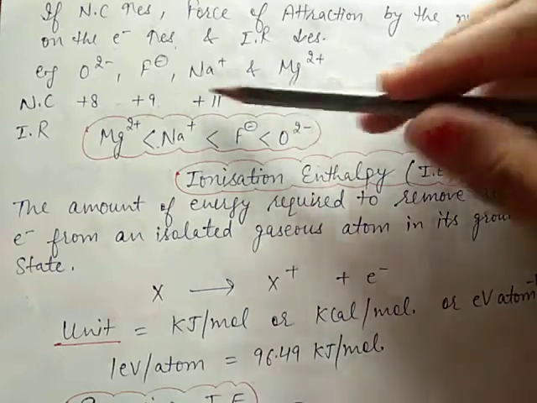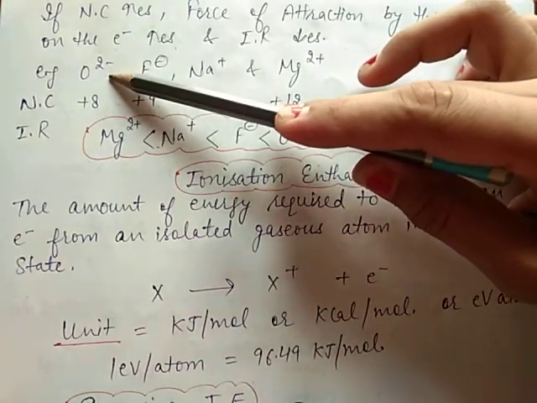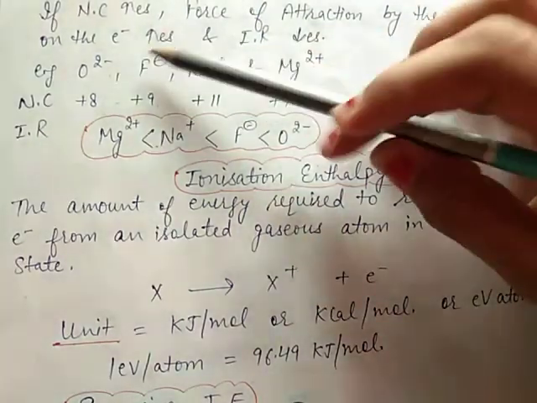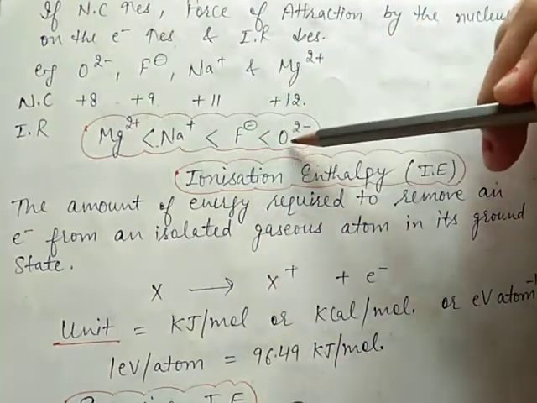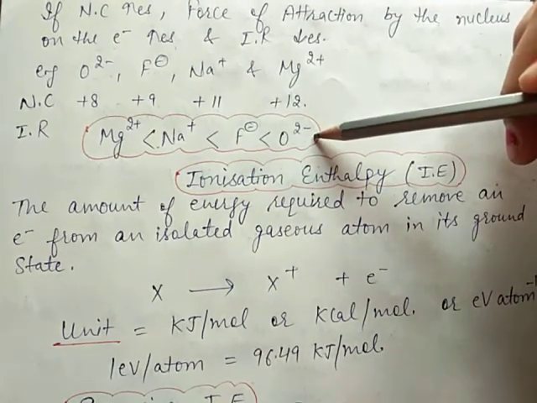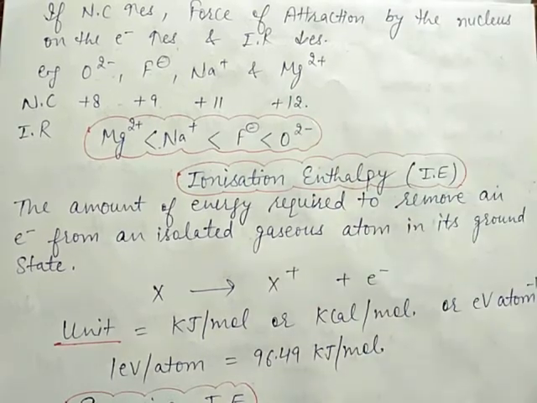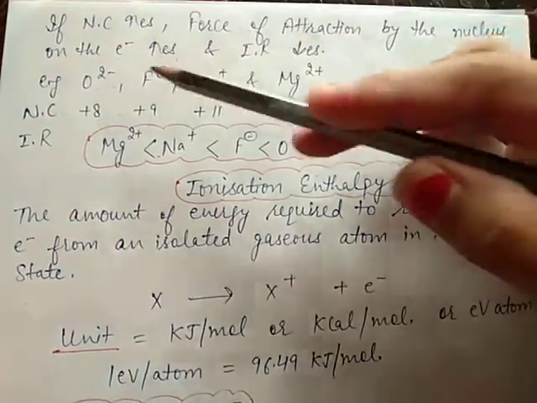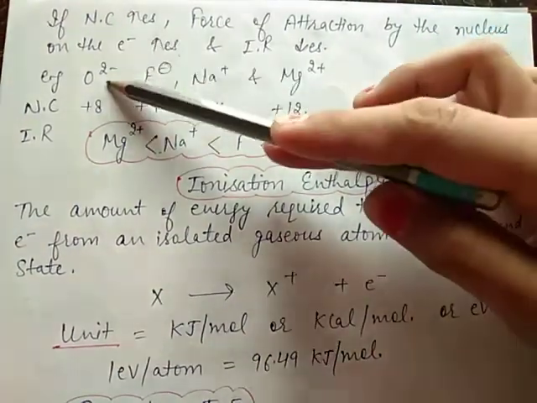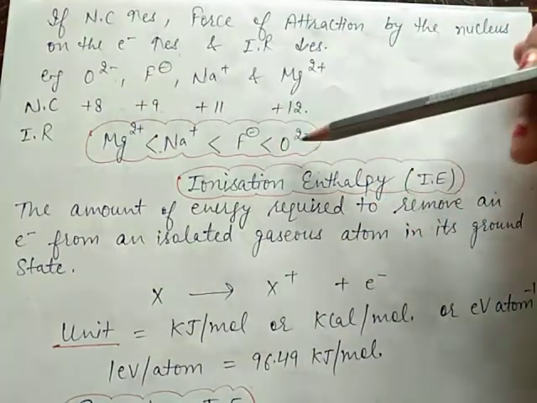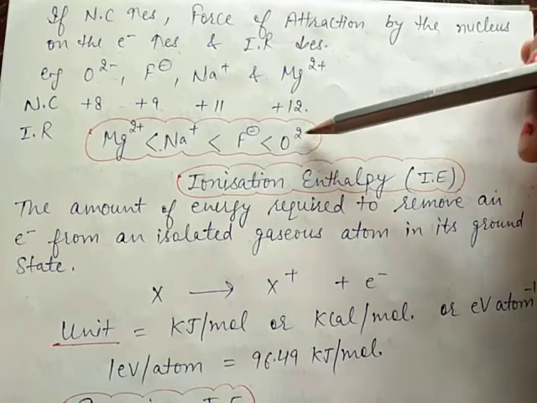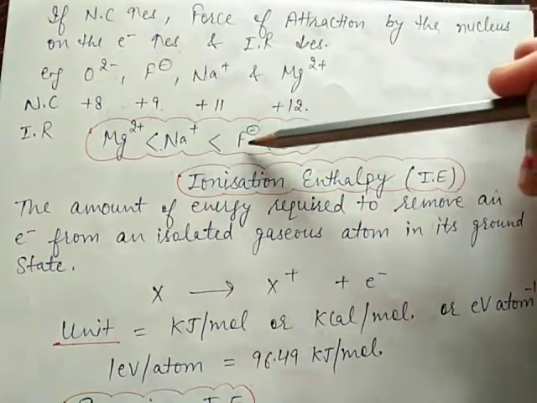Means an anion is always larger than the parent atom and a cation is always smaller than the parent atom. The first is O2 minus, because this is the anion having less nuclear charge as compared to fluorine. Fluorine minus 1, oxygen minus 2. So O2 minus has the largest ionic radius, with the least nuclear charge. Second is F minus.